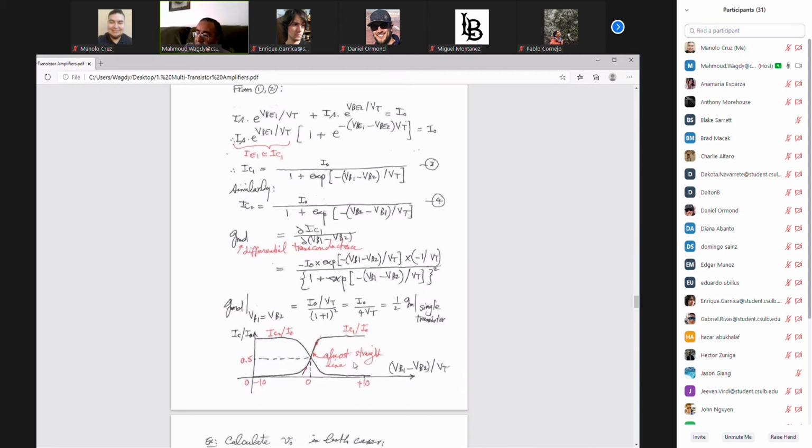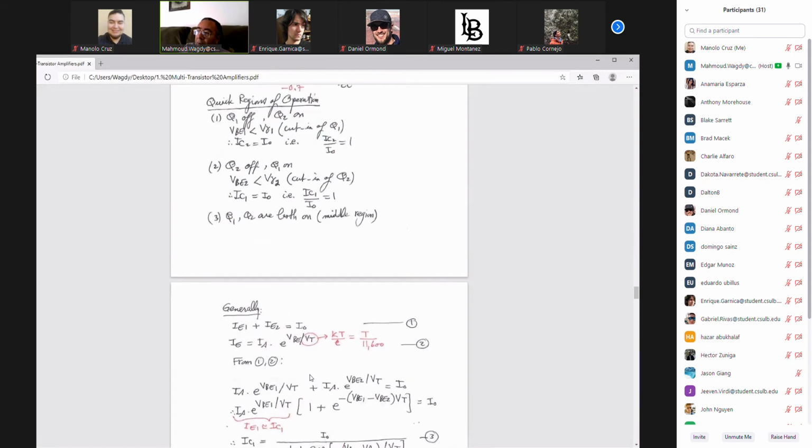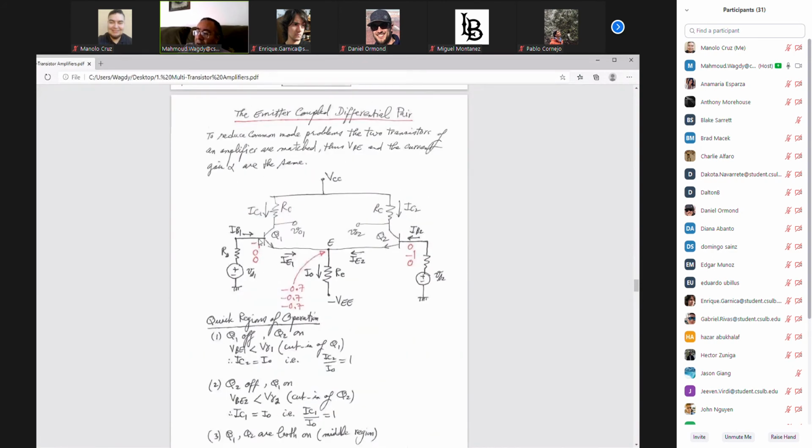The two curves are like this. And there is a 0 in the middle when the two input voltages are equal.